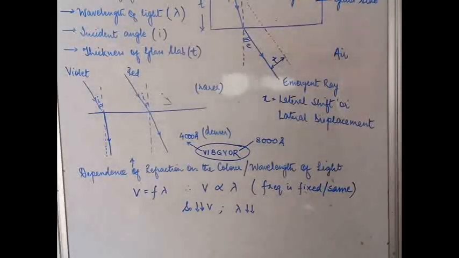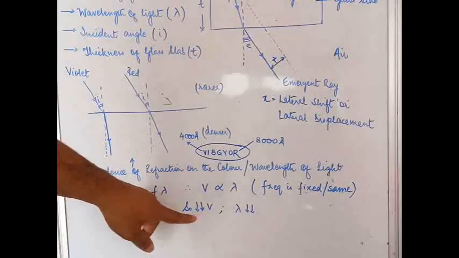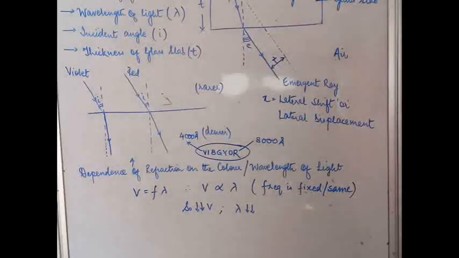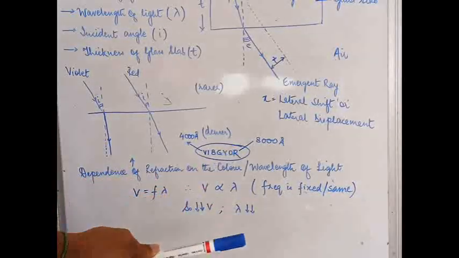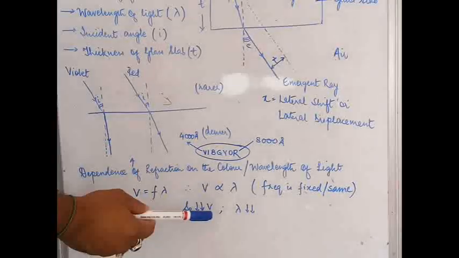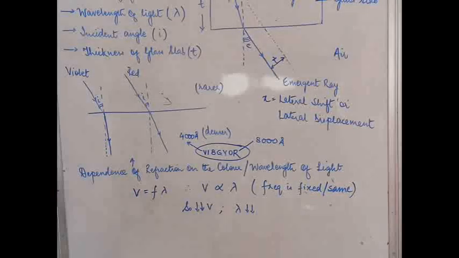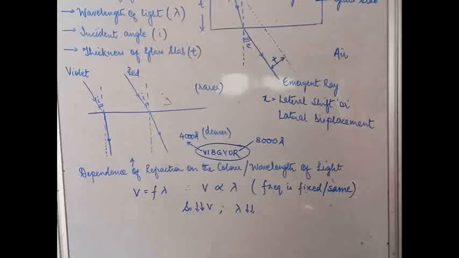So for a color which has the least value of wavelength, listen carefully, there will be maximum drop in the velocity, because lambda is dropping to the maximum degree for violet color. Therefore the velocity drop for the violet color will also be maximum.